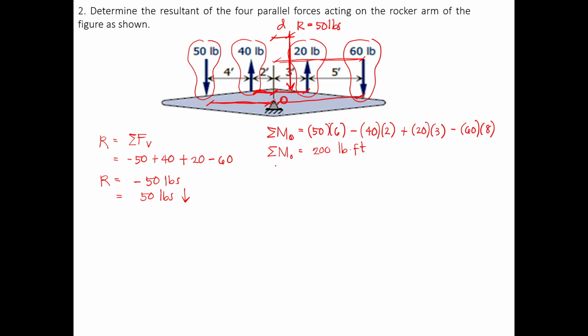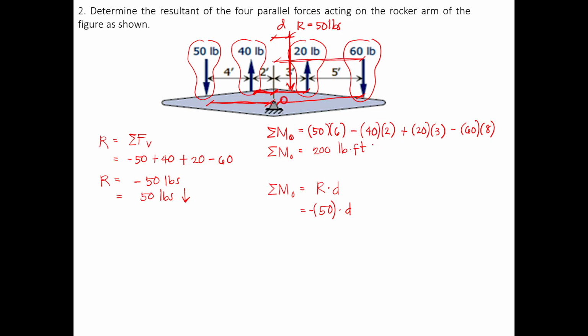Okay, so getting the moment again, this time with respect to the resultant. So resultant force times the distance d. The resultant force is 50, and then the distance is d. So this one is negative 50.